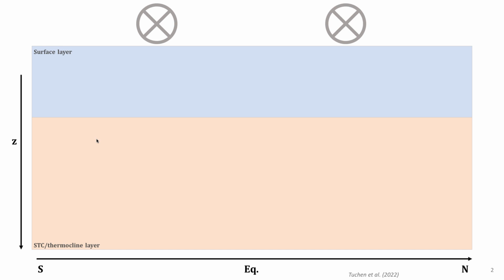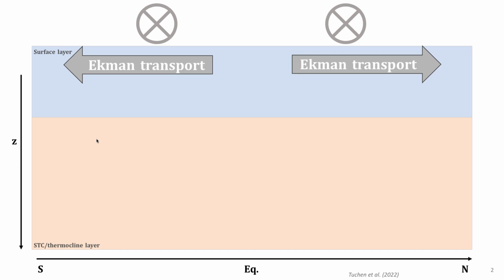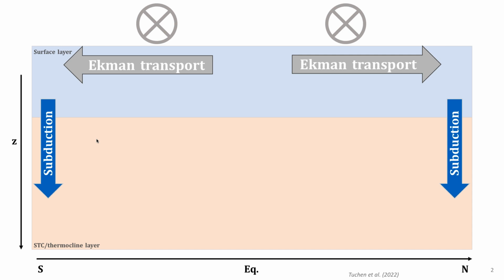As you all know, the dominating wind pattern is the easterly trade winds at the surface, which are then exciting poleward Ekman transport in both hemispheres, initiating this subtropical cell circulation.